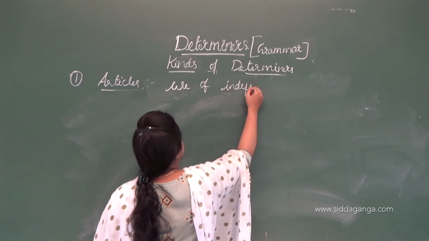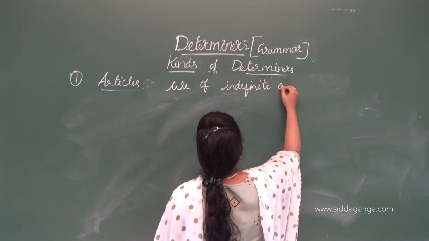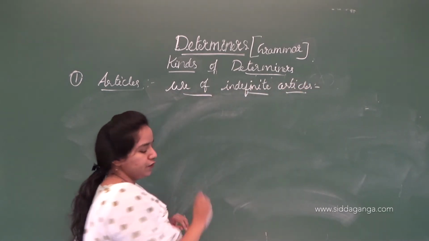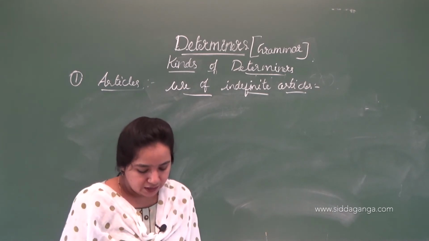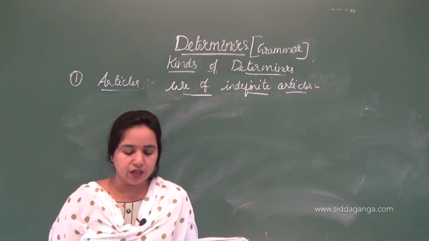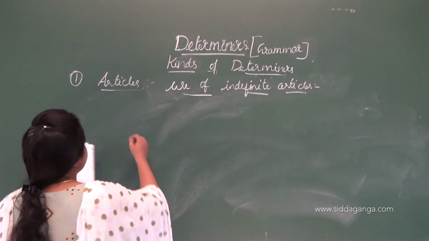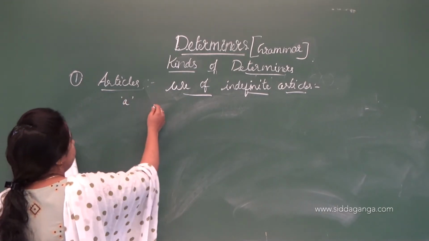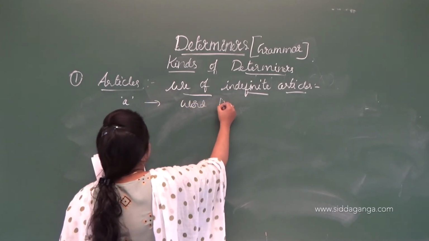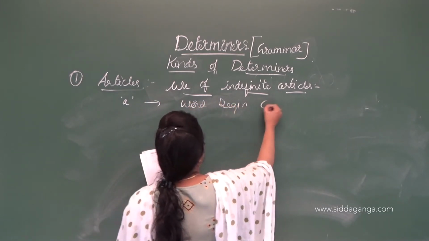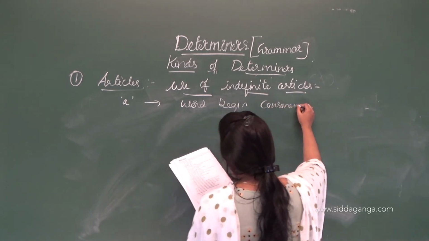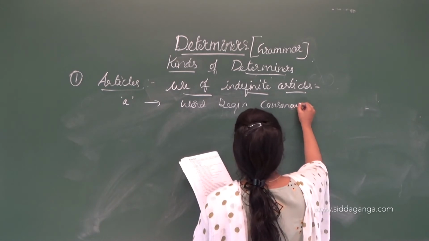Indefinite articles. A is used before a word beginning with a consonant sound. You all know that. So a is used before a word that begins with a consonant sound.